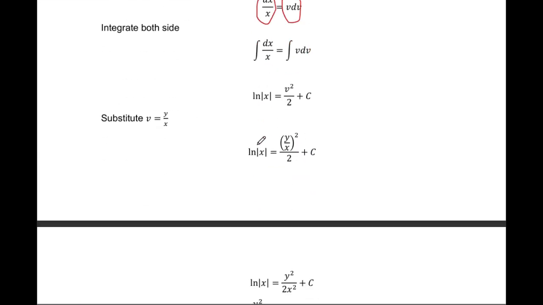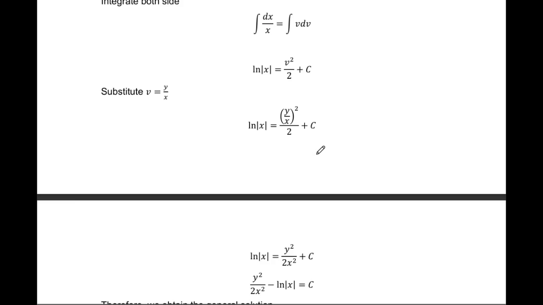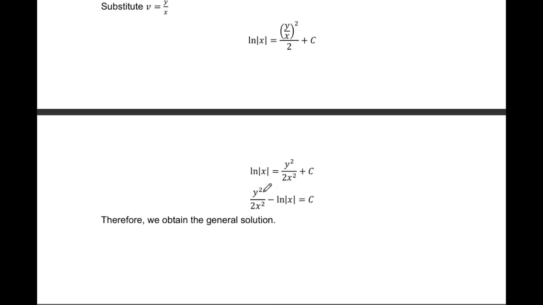So we have ln x is equal to y over x, squared, over 2 plus c. Simplify it. So we have ln x is equal to y squared over 2x squared plus c. So put ln x on one side and c on the other side. So we have y squared over 2x squared minus ln x is equal to c. Therefore, we obtain the general solution.